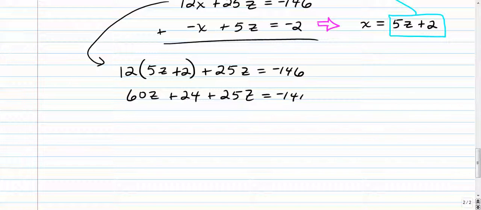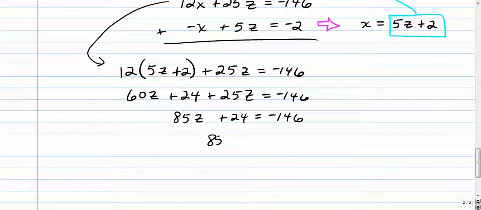Solve for z. Take a few steps here. Let's see. 85z plus 24, negative 170, I believe, and that's z equals negative 2.